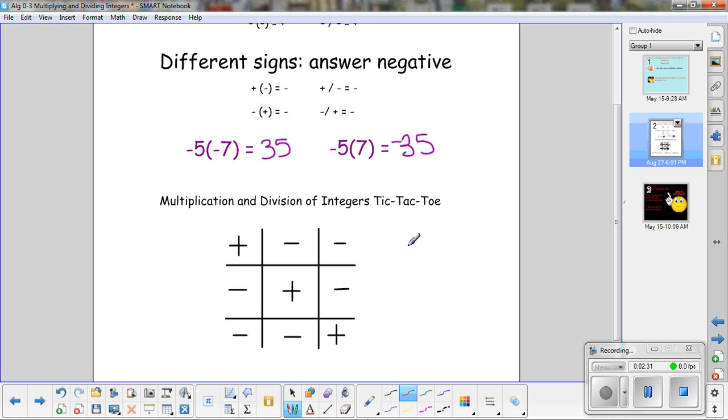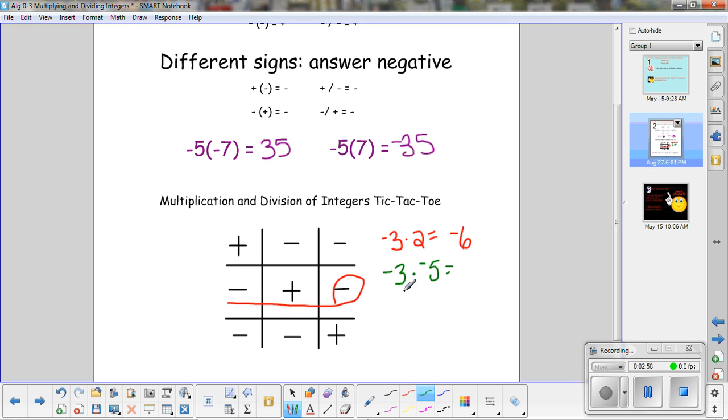Let's try just a couple more examples. Negative 3 times 2. Negative 3 times 2 is going to be a negative times a positive. That's going to be a negative 6. Negative 3 times negative 5.